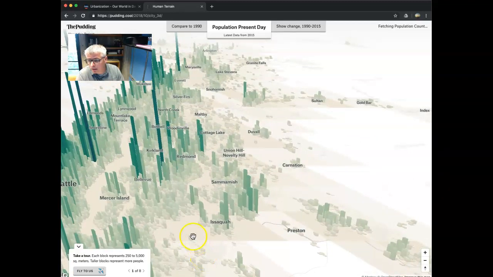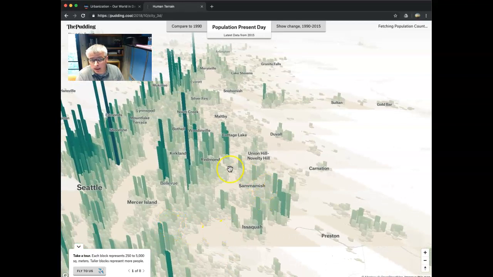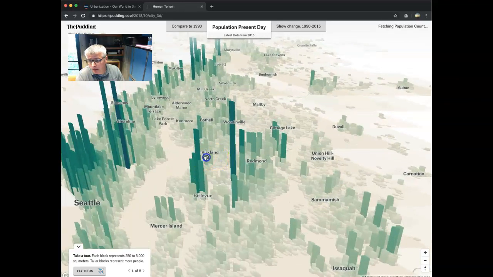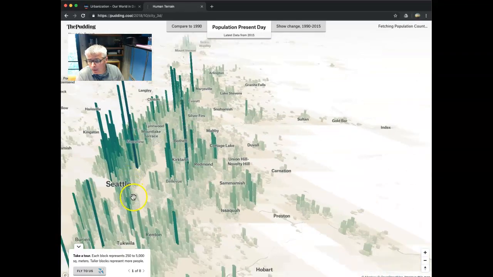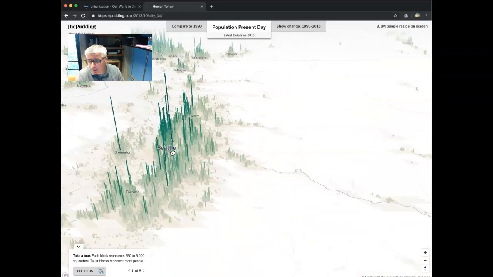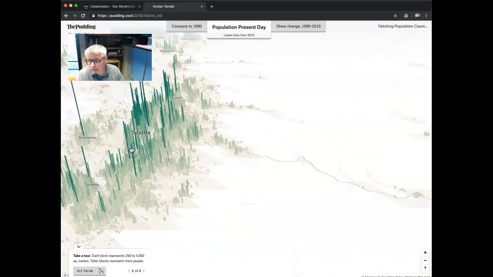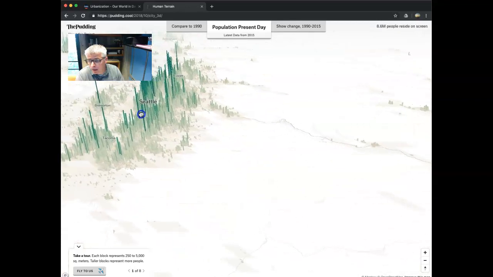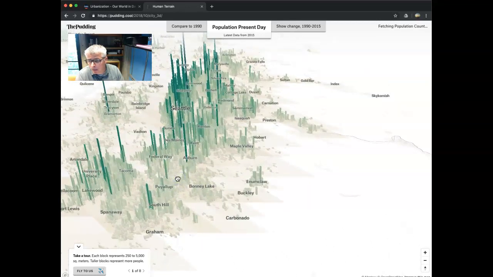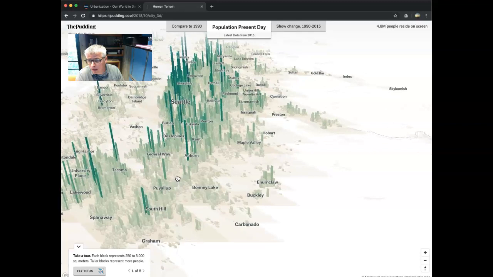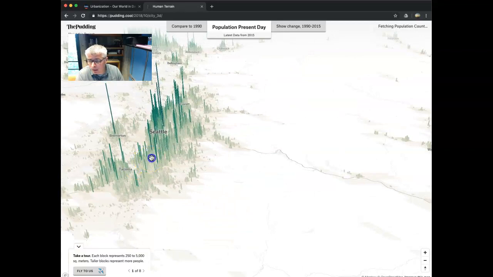So if we go Seattle, including all of the east side, we're at 2.7 million. 2.3, but if we zoom out and start including Tacoma, we still have Vancouver and stuff in here. 8 million. Yeah, 4.8 is probably closer to what we'd expect from Seattle down to Tacoma. South Sound and the Peninsula is about right.